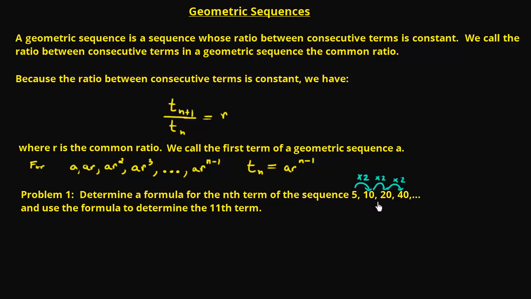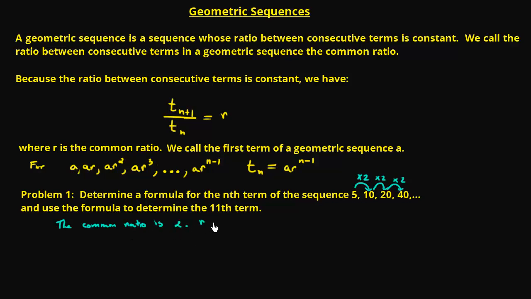If I divide 10 by 5, I'll get 2. If I divide 20 by 10, I'll get 2. And if I divide 40 by 20, I'll get 2 again. So this is the common ratio. The common ratio is 2.